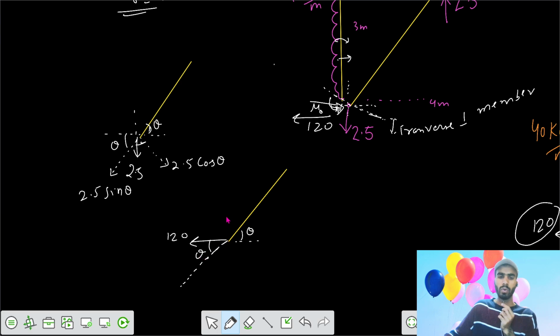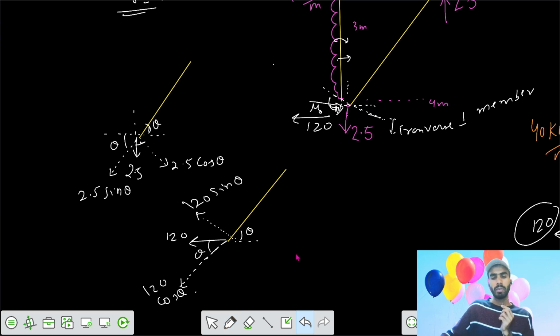So your component in the transverse direction to the member AB would be 120 cos (90 minus theta), that is 120 sine theta, and in this direction it would be 120 cos theta.